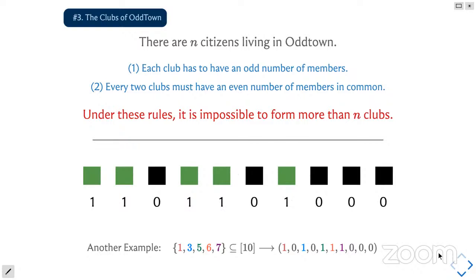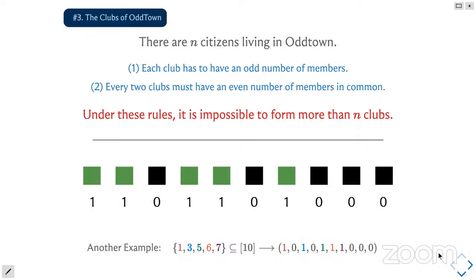So let's look at this map and see if it has the properties that we desire. First, I said we want to land in a vector space of dimension n. This is indeed true because these are basically vectors with n coordinates, the vectors sitting in F2^n. And you can just look at the standard basis to realize that this is an n-dimensional vector space.